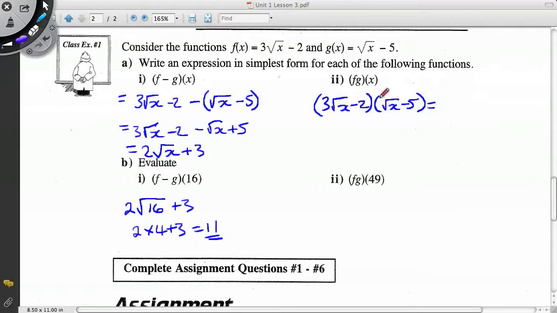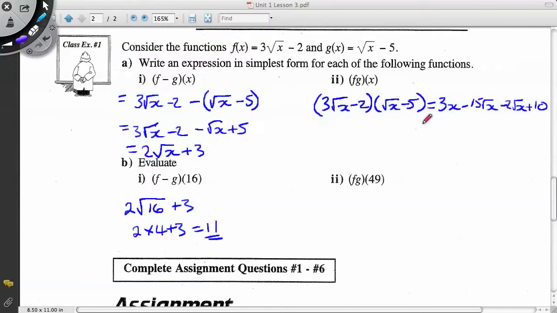So 3 root x times root x ends up as 3x. 3 root x times negative 5 is negative 15 root x. Negative 2 times root x, negative 2 root x. And then negative 2 times negative 5 is positive 10, plus 10.